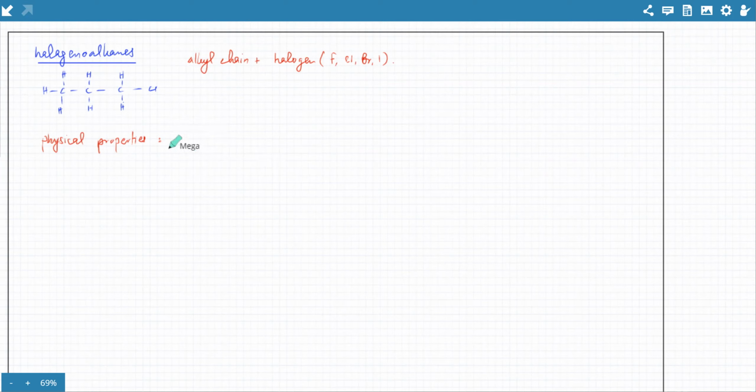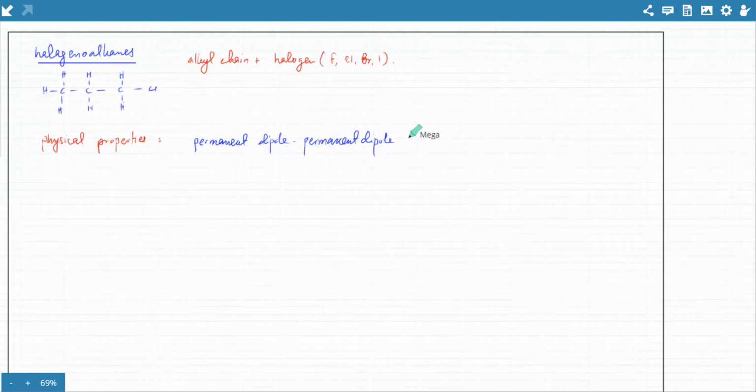They have permanent dipole interaction. So they have permanent dipole attraction or interaction. And you might be asked to draw a molecule showing that.